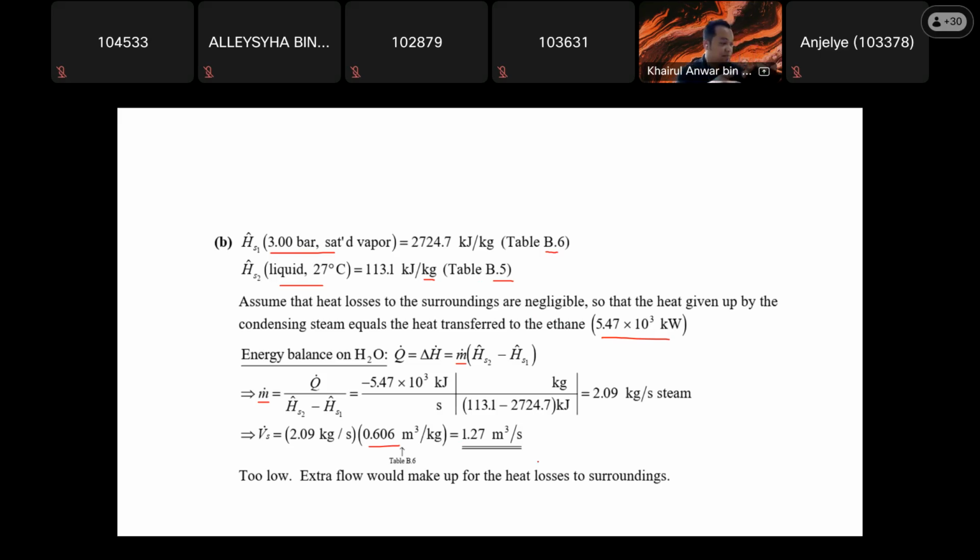But for the ethane, it's actually 40,700 per second. If you convert, about 40 per second, compared to 1.27 meter cube per second. Very far.